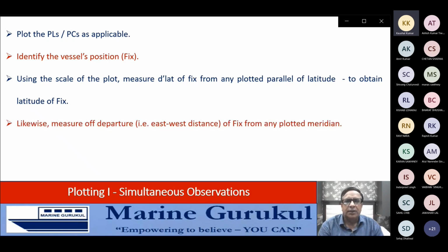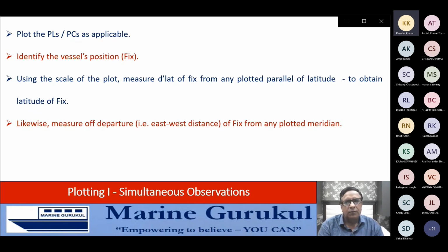Likewise, east-west distance of the fix can be measured from any of the meridians which is plotted and identifiable, using the same scale as the scale of distance. And this shall be the departure between the meridian from where it is measured to the meridian of the fix. This departure can be converted into D long using the parallel sailing formula.